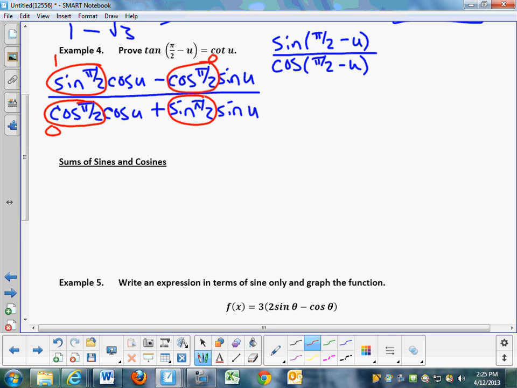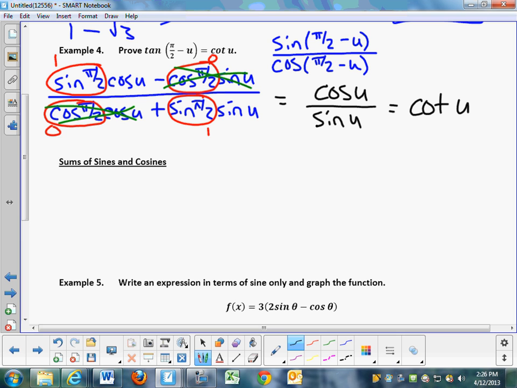Sine of pi over 2 is 1. So would you agree that this stuff right here just goes away, and this stuff right here just goes away? Sine of pi over 2 is 1, so you're just left with cosine of u. And down here, sine of pi over 2 turns to 1, so you're just left with sine of u. So you have cosine over sine, which is cotangent of u. QED.